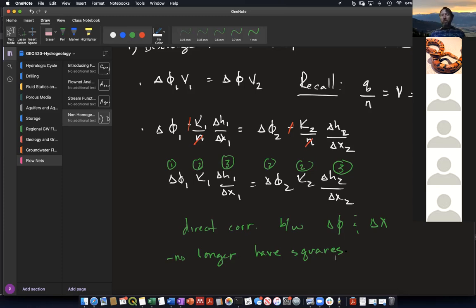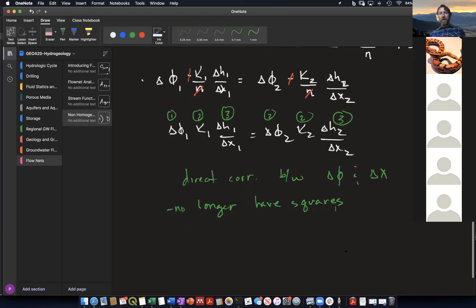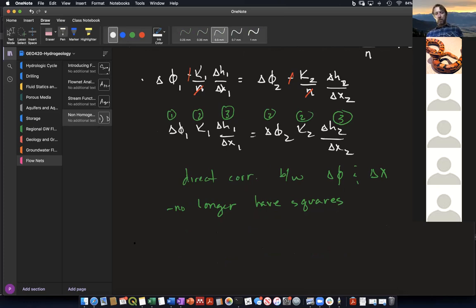We can use these relationships to draw some basic inferences. So for heterogeneous media, there's no way to draw a perfect flow net. But there are some things that we can infer from heterogeneous flow nets.